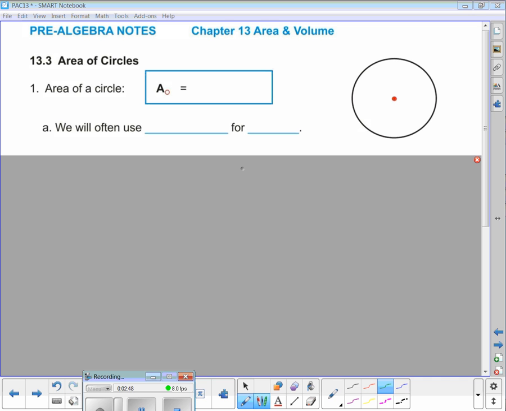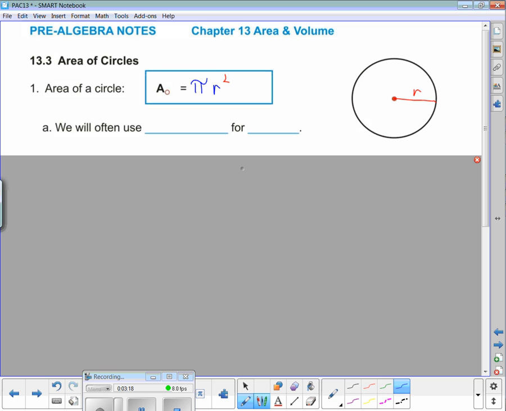All right. She was correct, though. The area of a circle is pi r squared. And of course, any circle, we know what the radius is. So that's really all we need to know to figure out the area of a circle, pi r squared.